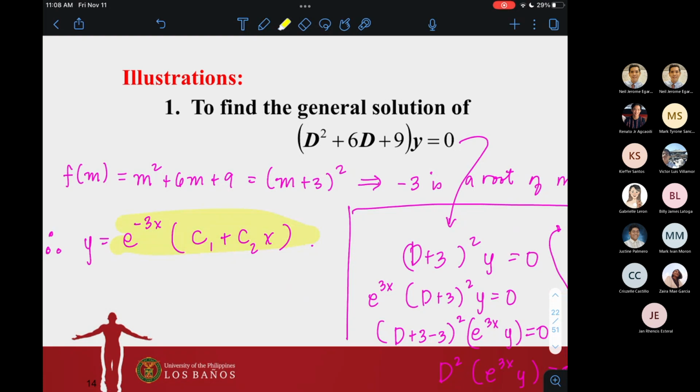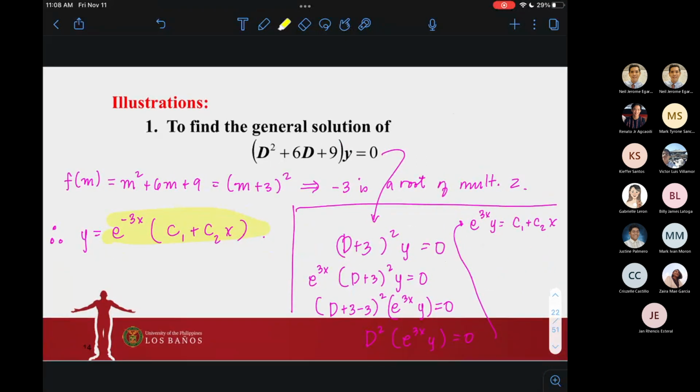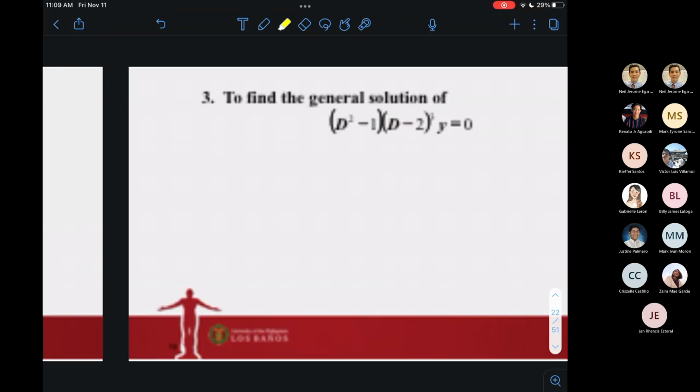Okay? So it doesn't matter which method you use, you come up with the same general solution. So ganun yung trick kapag meron kang repeated root. E to the root times x times a polynomial of 1 degree less than the multiplicity of the root.